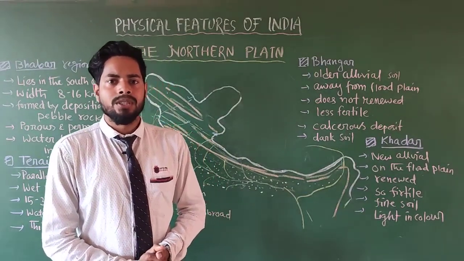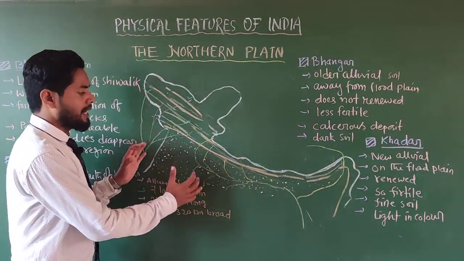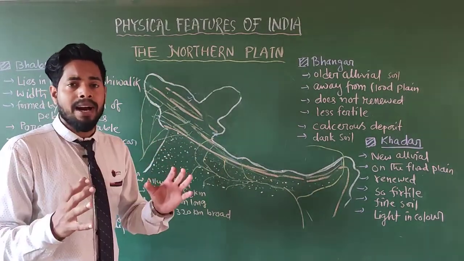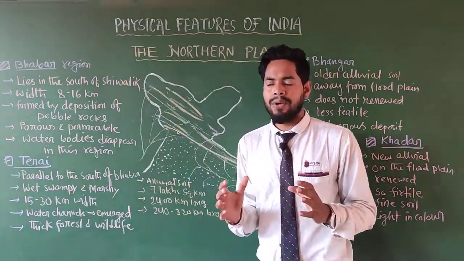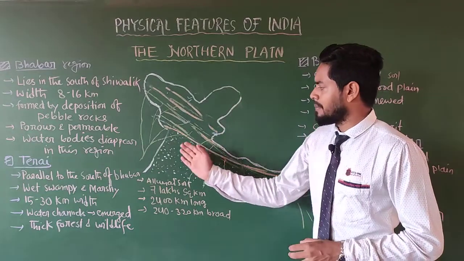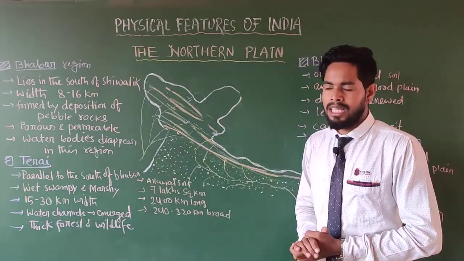Next we see that the northern plain is generally classified into three broad categories. The first is the Punjab plain in the western part.